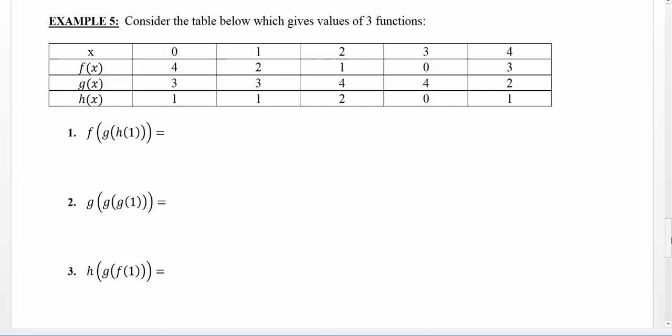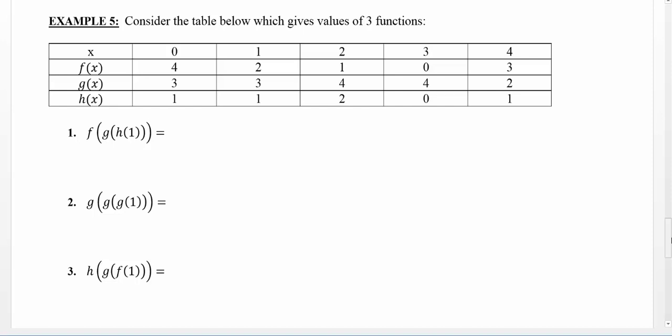So across the very top row, we still have our independent variable x, and x can take on the values 0, 1, 2, 3, and 4. Underneath that, we have f of x, and that's going to give you the dependent values of f of x if you plug each of those independent values of x in.